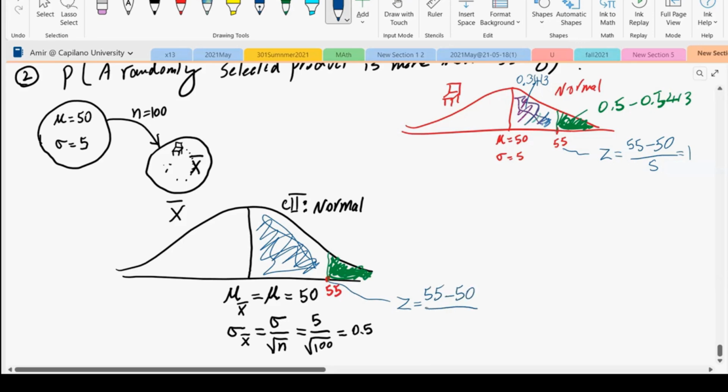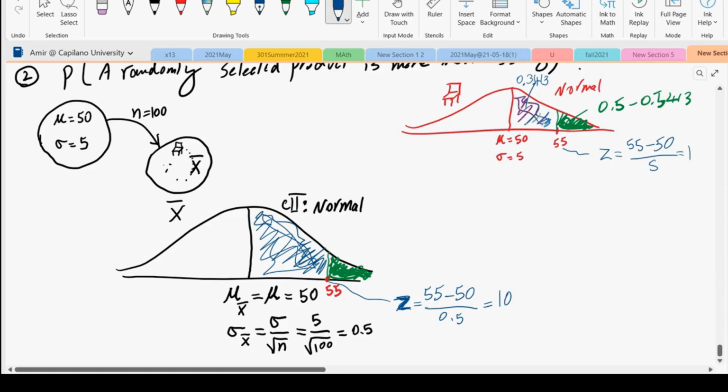What is the standard deviation? 0.5. So we subtract 55 minus 50 and divide by the standard deviation. Z is 10. This point is 10 standard deviations far from the mean.